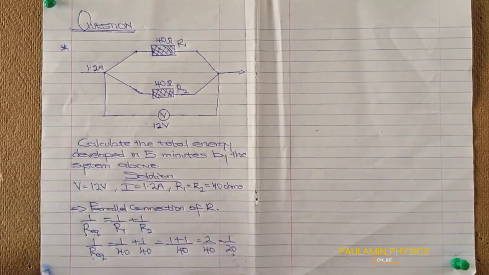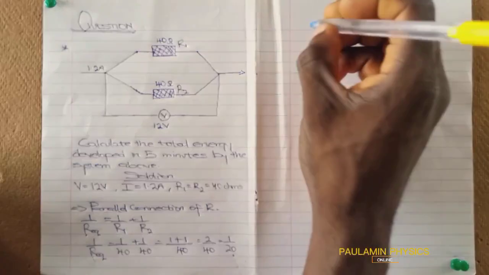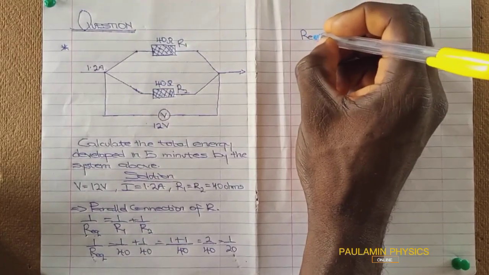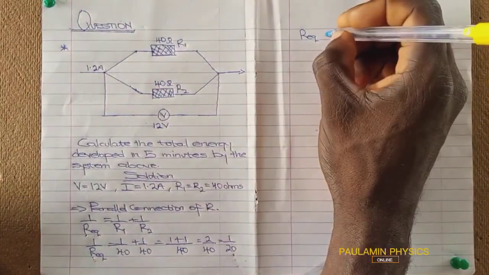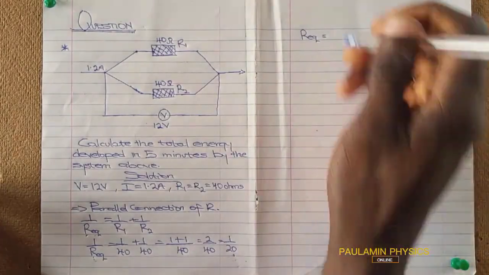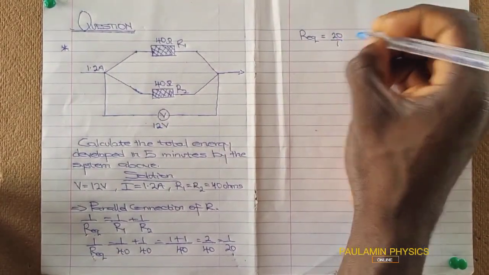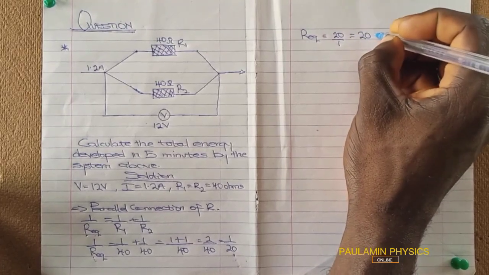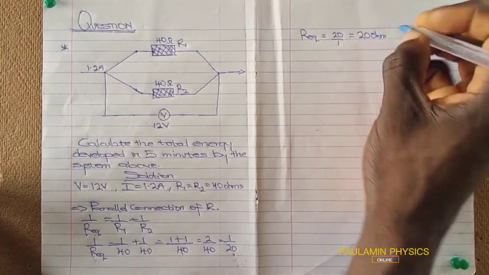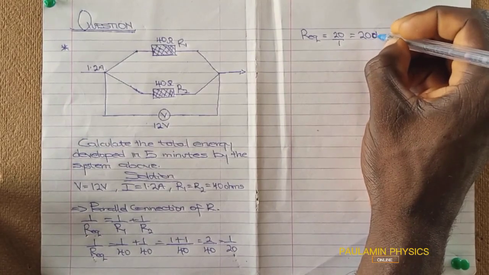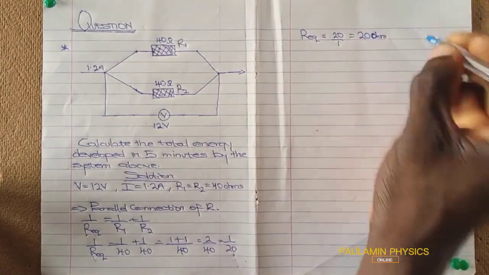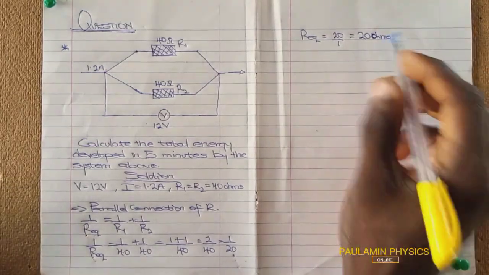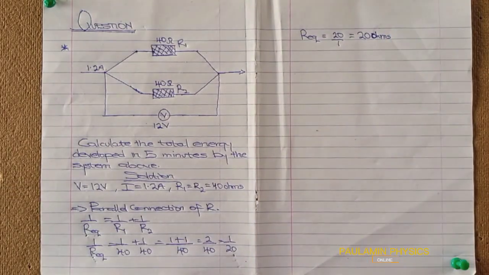I have to turn this over. I have to take the inverse of this fraction, and when I do that, the effective or equivalent resistance in this circuit is 20 over 1, which is equal to 20 ohms. That's the equivalent resistance in this particular circuit.